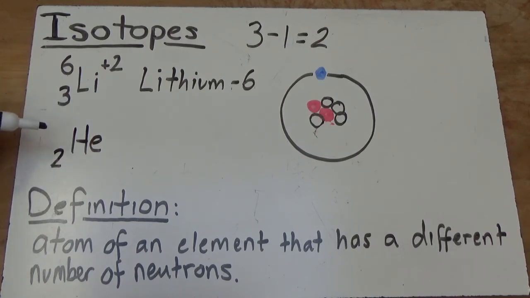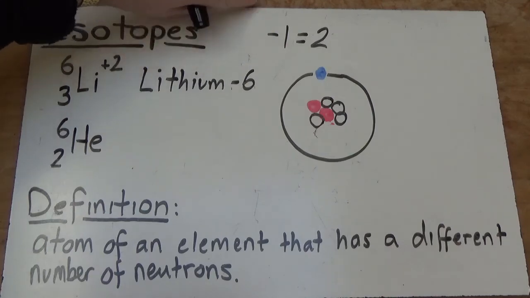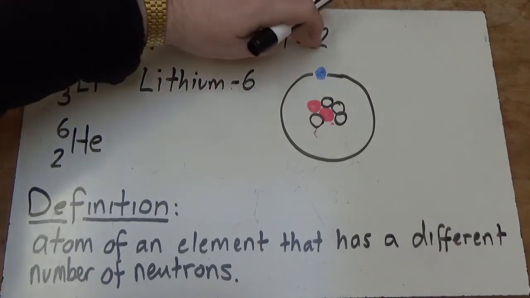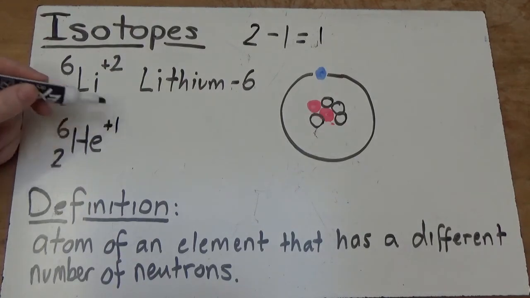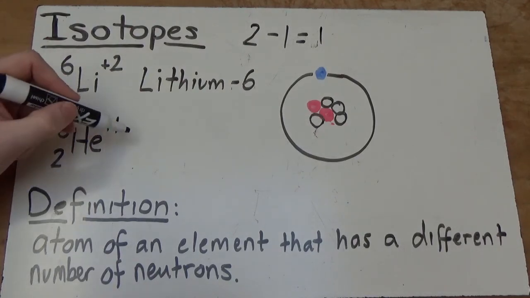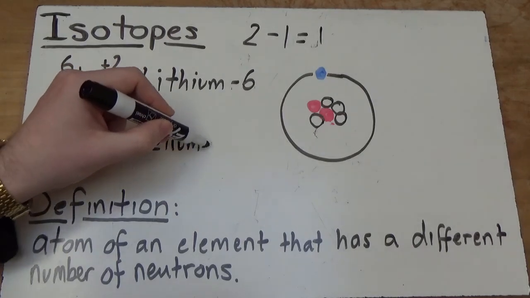We have 4 neutrons. My mass is still 6. And my charge is going to be now 2 protons minus my 1 electron for a charge of plus 1. The name of this would be helium 6.